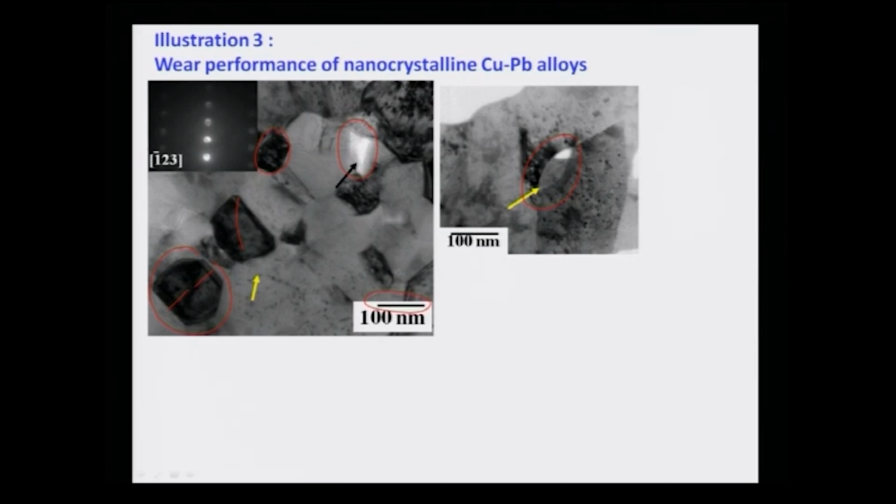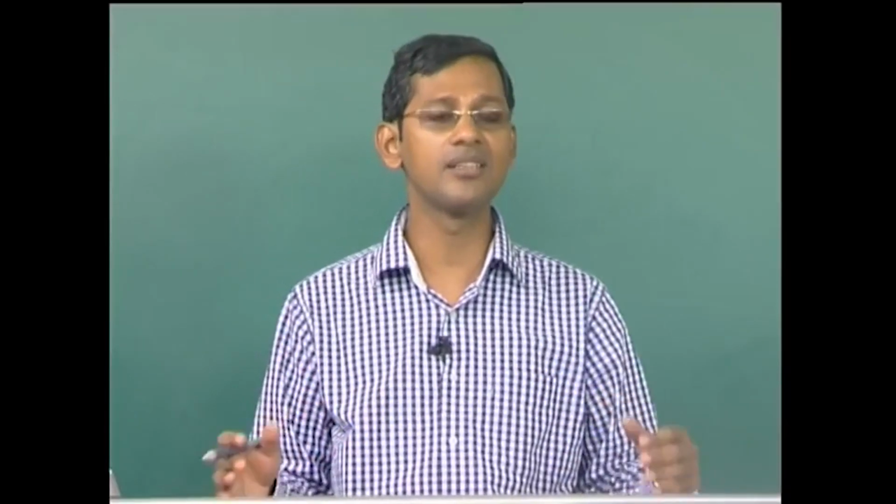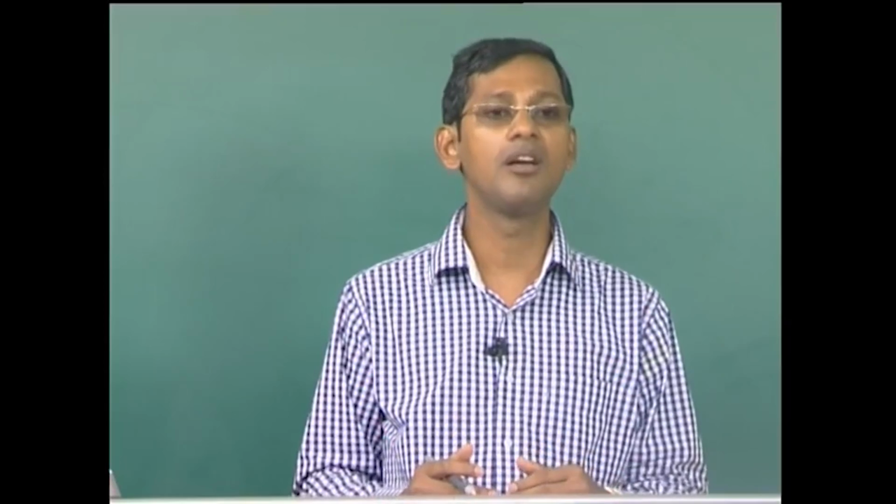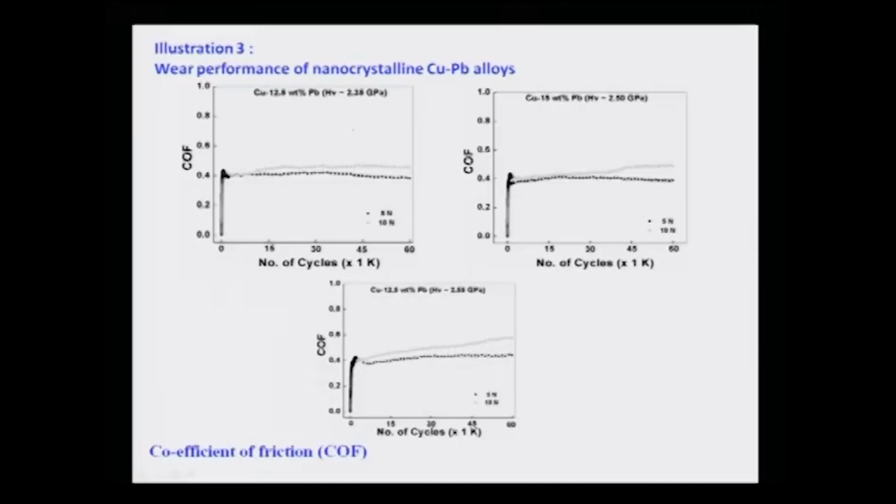So, by using both scanning electron microscopy and transmission electron microscopic techniques, we can understand the microstructure very well, and by seeing the microstructure you could probably understand that this is a very good material for wear resistance study. This has been done using the fretting wear technique, and here I am showing you some coefficient of friction values obtained by our study.